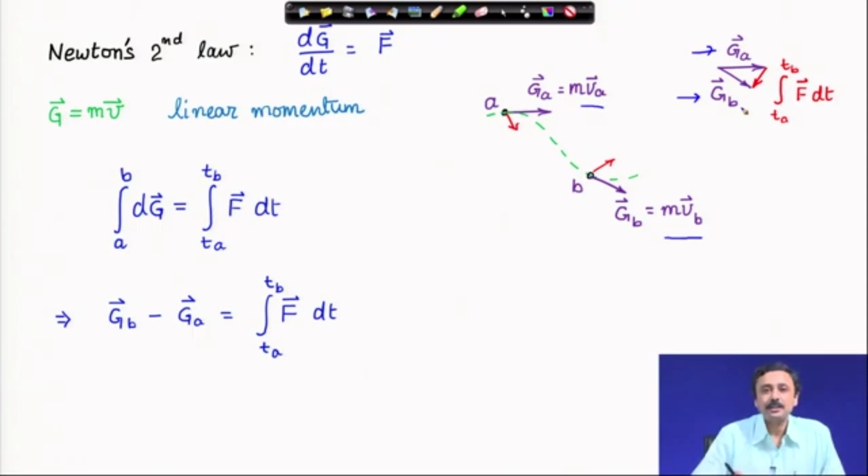That red vector is the difference vector, and what is the difference vector? From our relation, it is the integral over time from T_A to T_B of the force vector, and that is what I have indicated there in the figure. Therefore, the change of linear momentum is equal to this vector, which is the integral of the force over time as the particle moves from A to B.